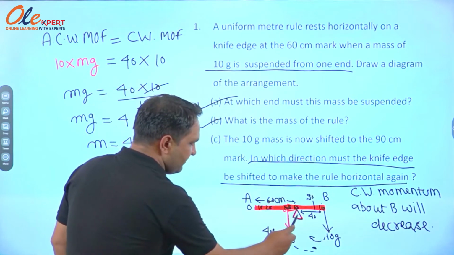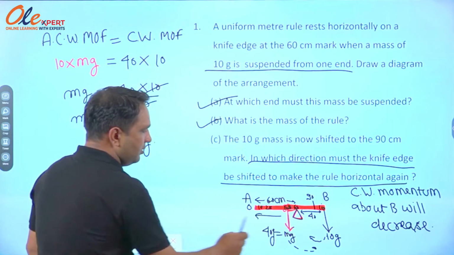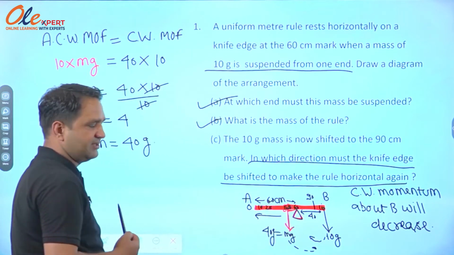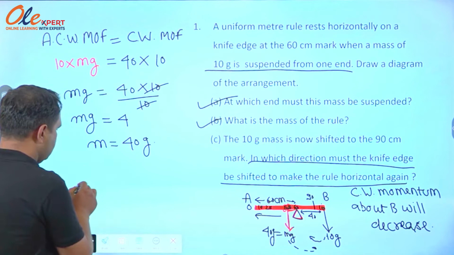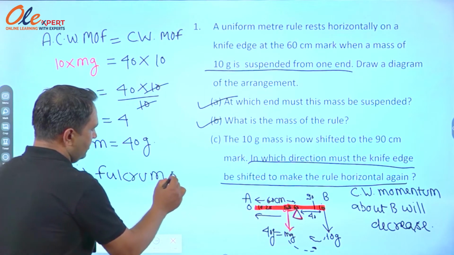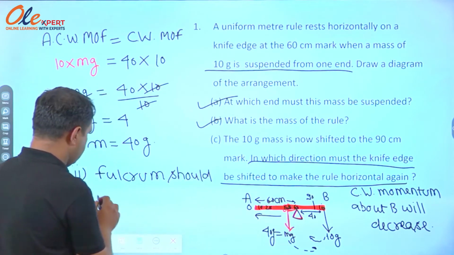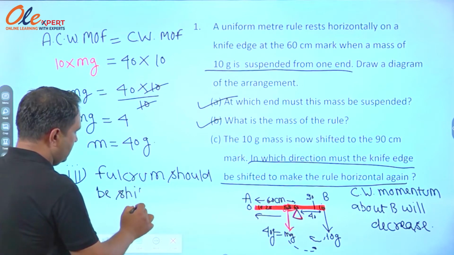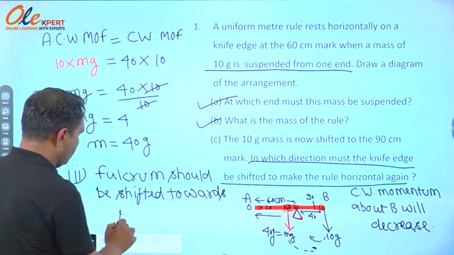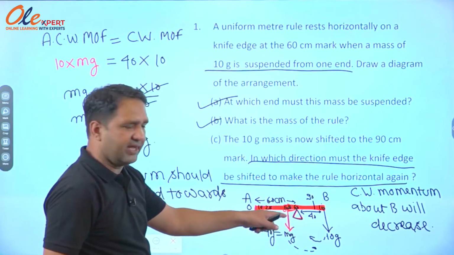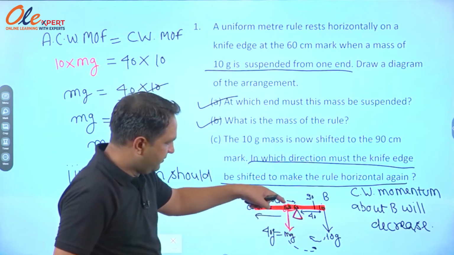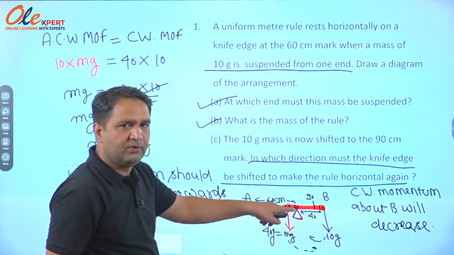This fulcrum should be shifted towards the center, towards A. So the fulcrum should be shifted towards A. When we shift it towards A, the distance between 50, the midpoint of this meter rule, and the fulcrum will decrease.